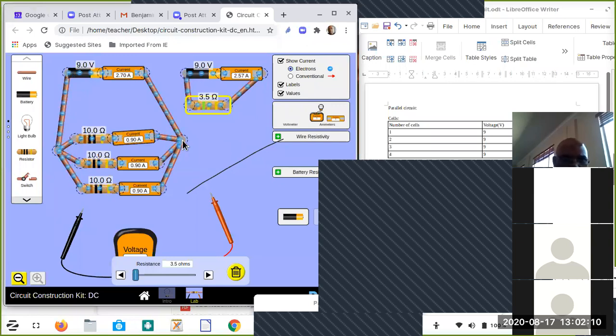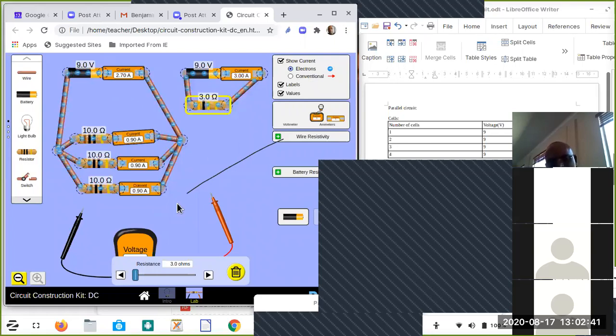So if I continue to reduce it, the current goes to 3, the resistance is now at 3, right? Which simply means the total resistance for a 3-resistor parallel connection is 3. I think it's right.